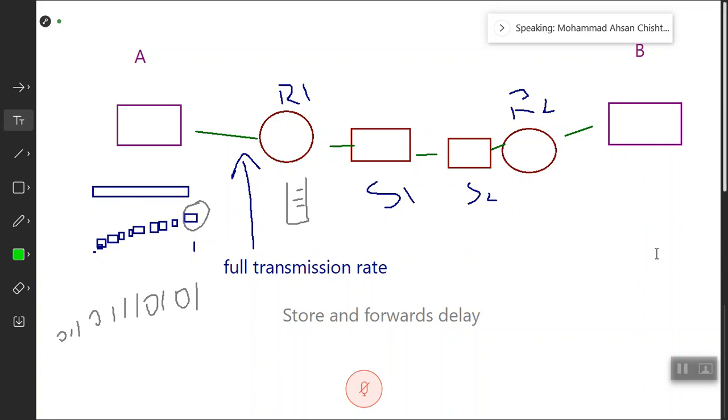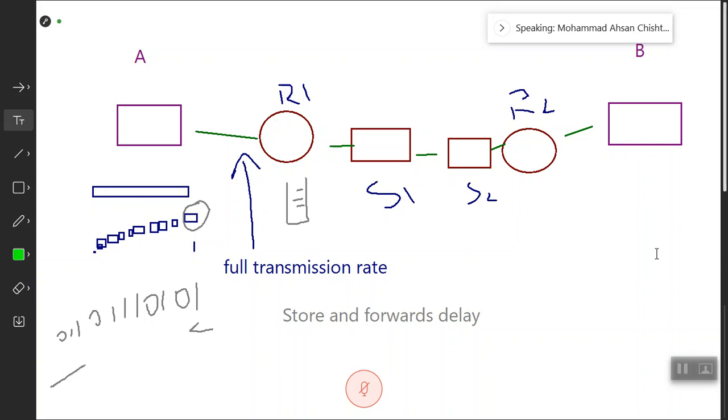The store and forward means that when R1 receives the first bit here, it would have to wait for the entire packet till it reaches the last bit. And then it will start transmitting this packet to the next one.